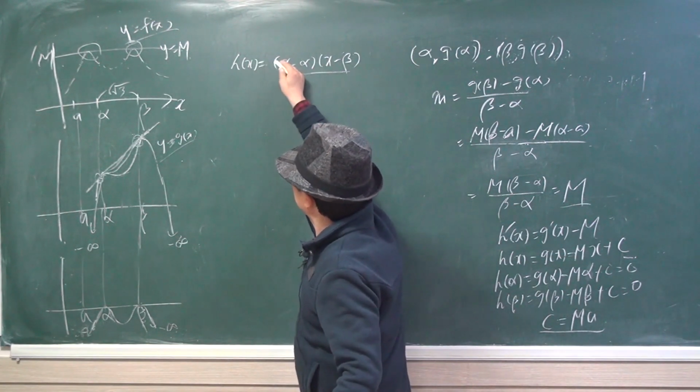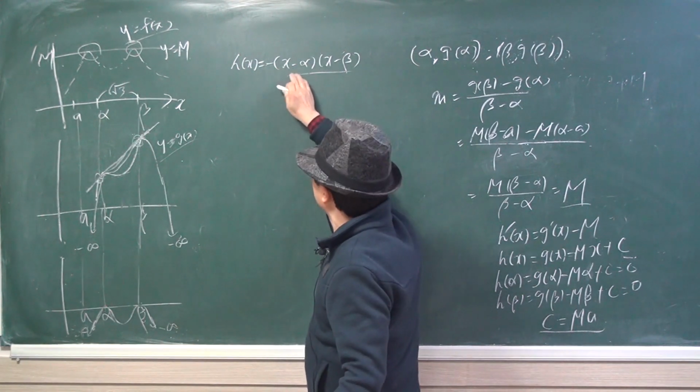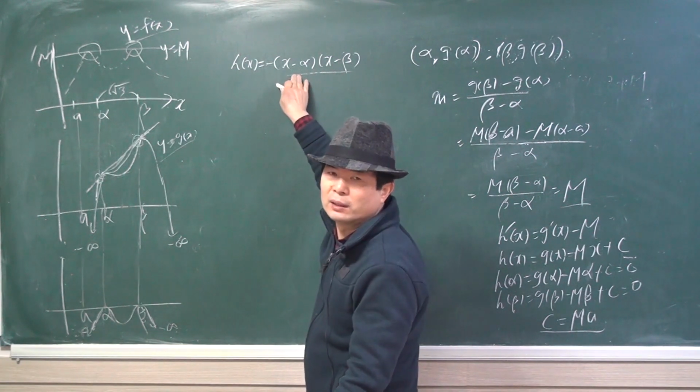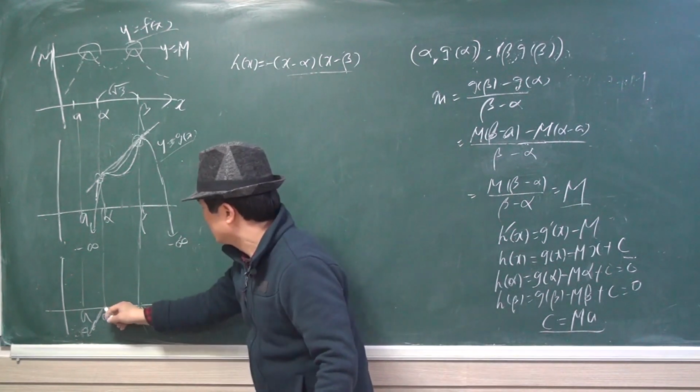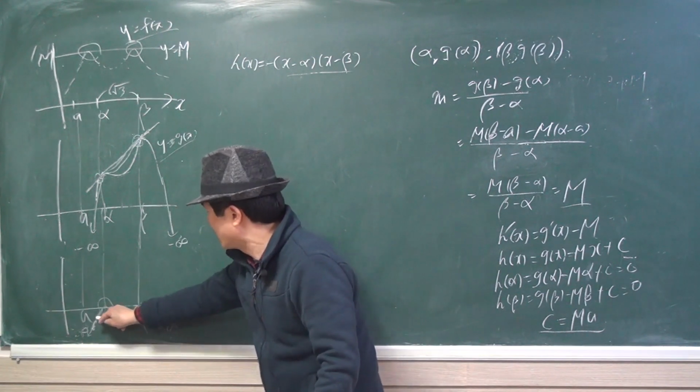The sign of the leading term must be minus, and it cannot be a linear factor because it is tangent to the x-axis like this.